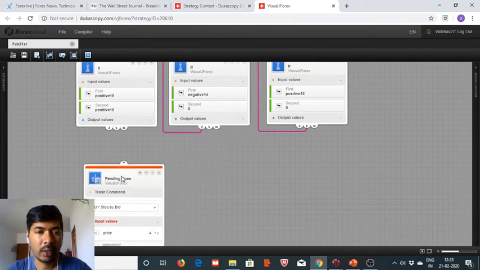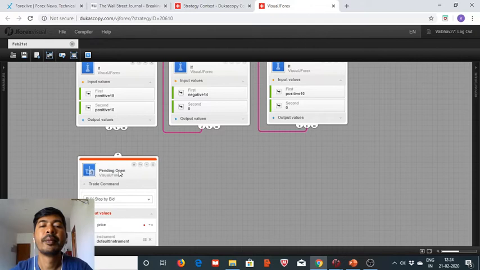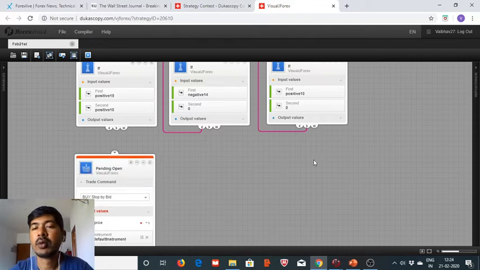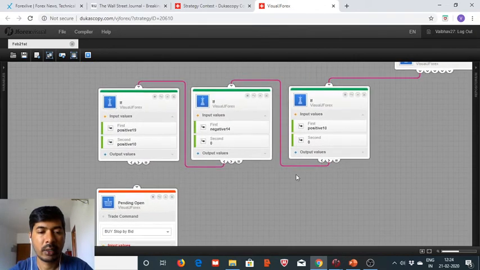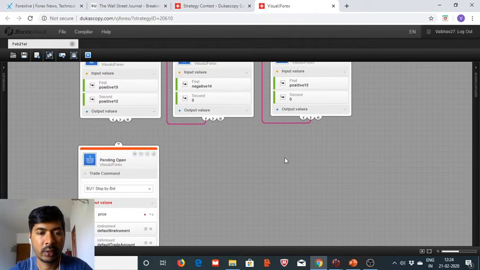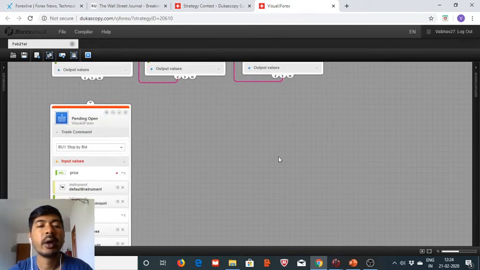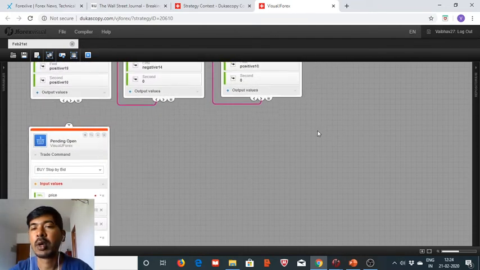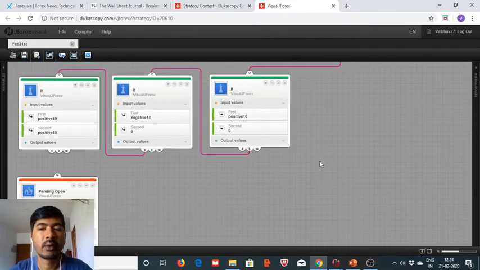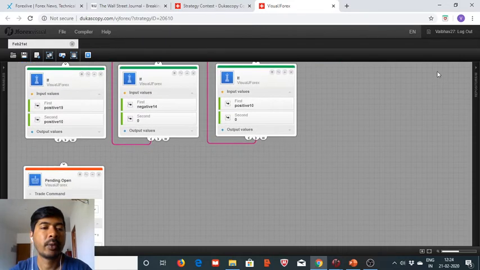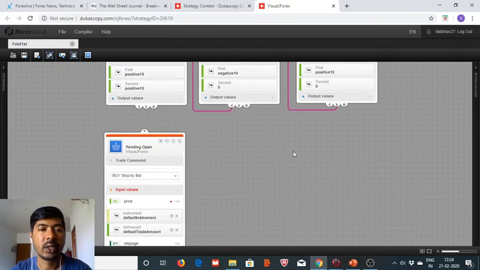So maybe I think we should do simple setup otherwise, but let's see the pending open also. Let's hope we will be able to complete the setup today itself, but for the pending open we will need to do some additional calculations here.